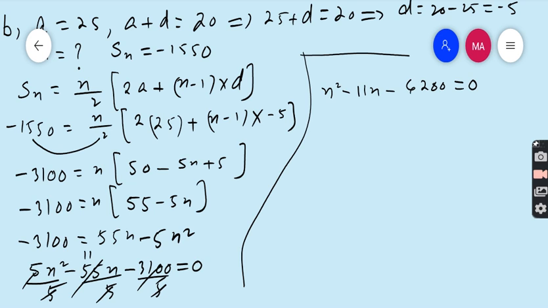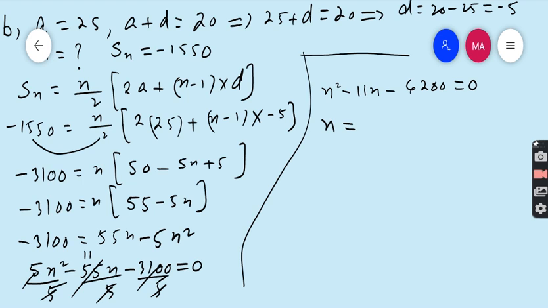So this is a quadratic equation. Now you can solve it by any method, either the quadratic formula or the middle term break method, no matter. I am leaving this work for you and writing the direct solution.